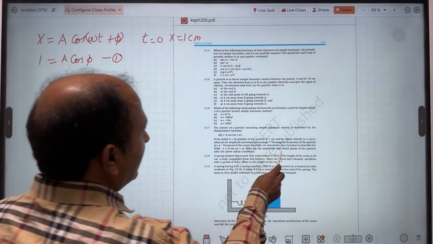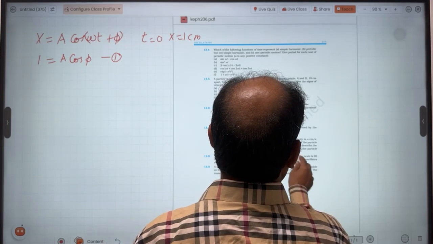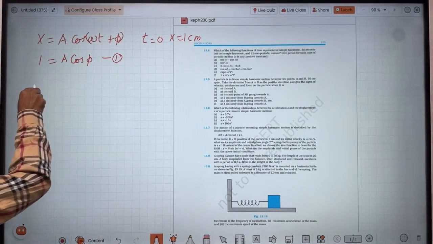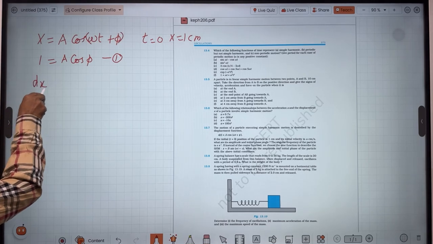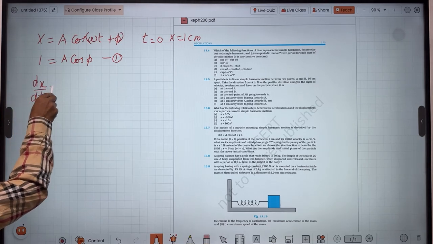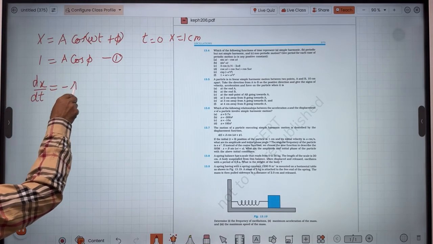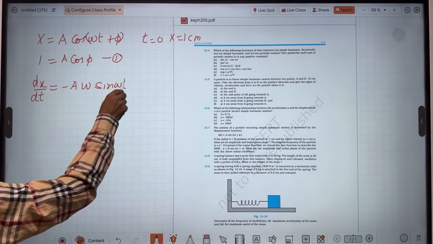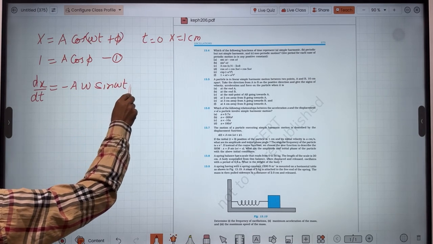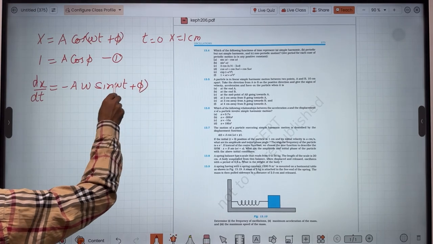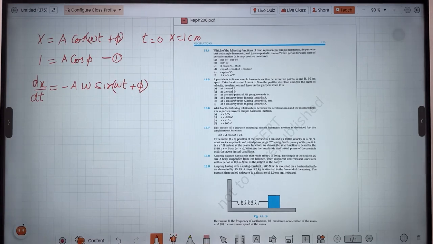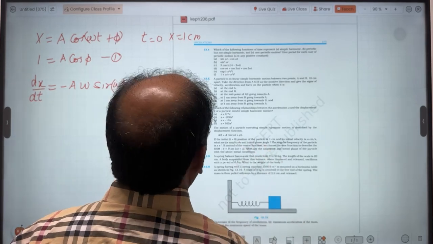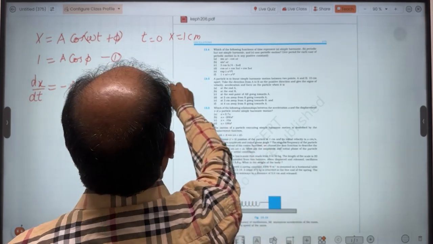Now, then question says, the initial velocity is omega centimeter per second. So to find velocity, we differentiate it. Dx upon dt is equal to minus a omega sine omega t plus phi. Again, we are given here when t equal to 0, velocity is omega.